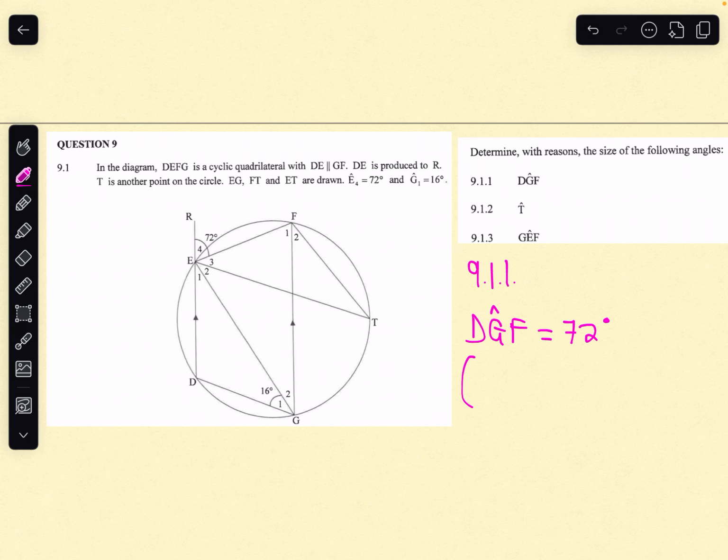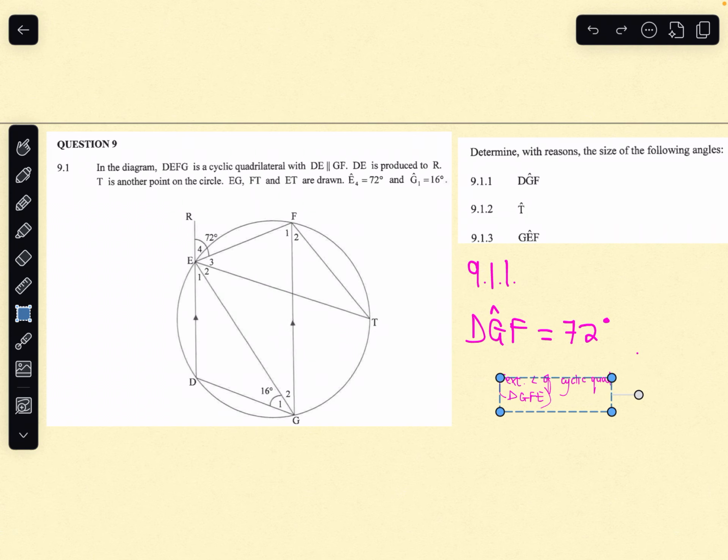And I'm going to write the reason below: exterior angle of cyclic quad DGFE will be equal to the opposite interior one. Okay, so that is 72 degrees. We now know that.